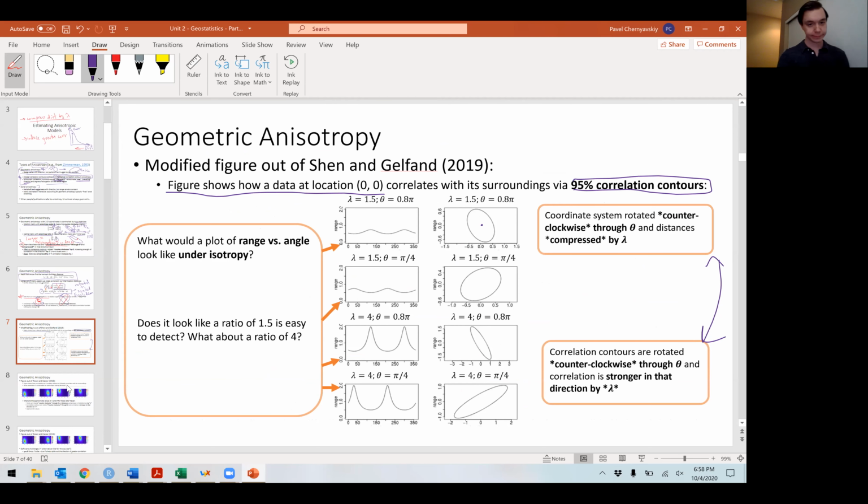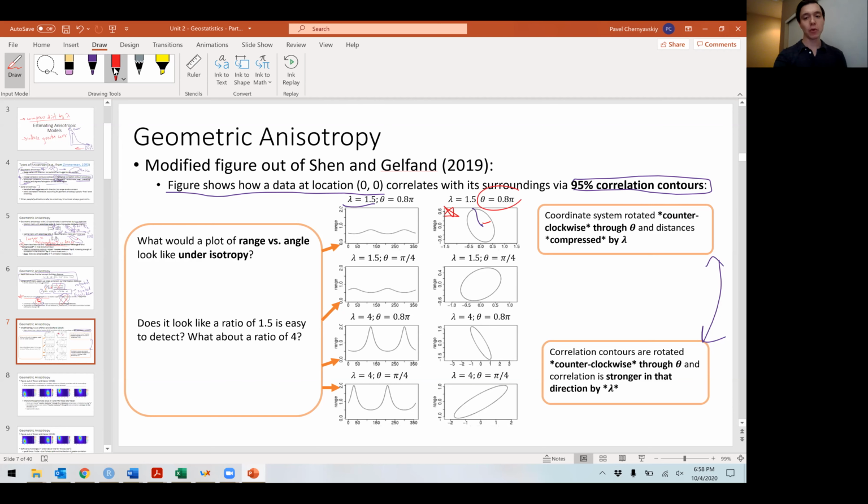So look, lambda is 1.5. This means the major axis is 50% bigger than the minor axis. Okay, simple enough. In no way does this shape resemble a circle. It very much looks like an ellipse.